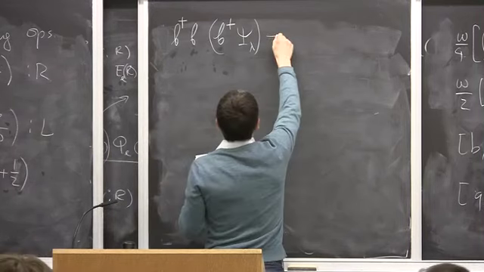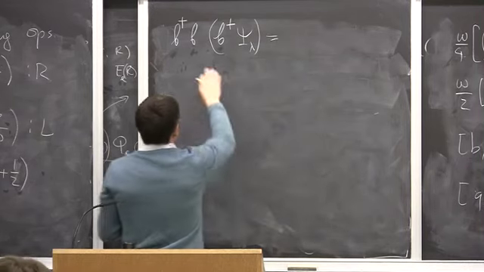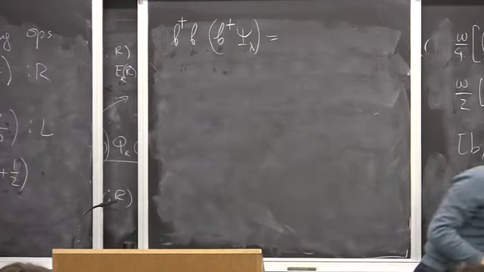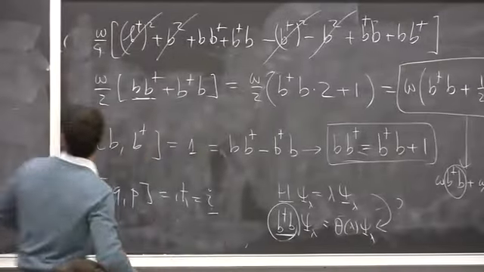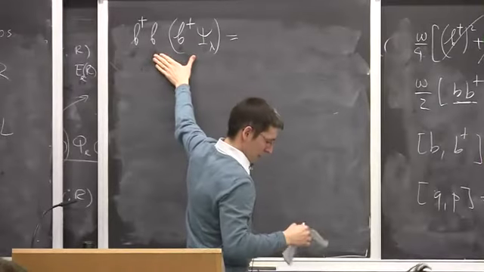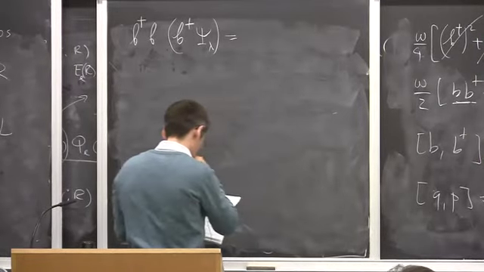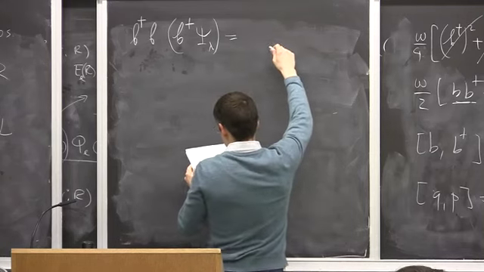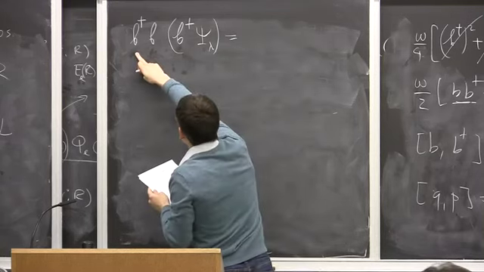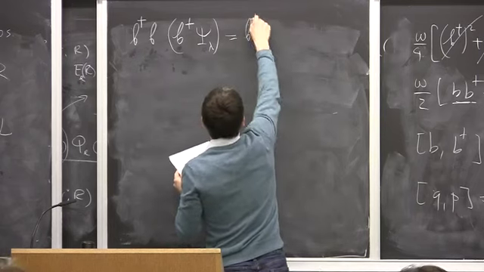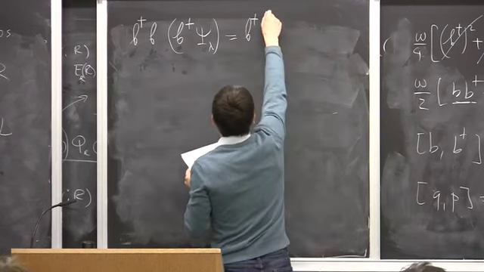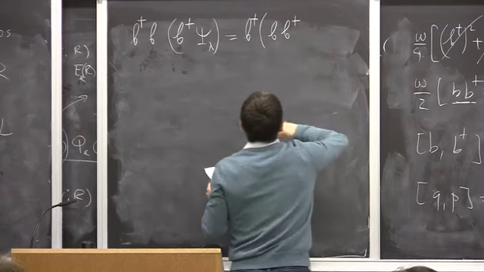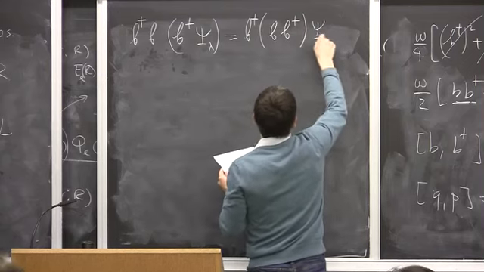All right, so let's just consider this. If we know that this is an eigenfunction of b dagger b, so we know this, and we want to know what is happening if we consider this. Okay, so let's just write it down slightly differently. We have b dagger b acting on b dagger psi lambda.